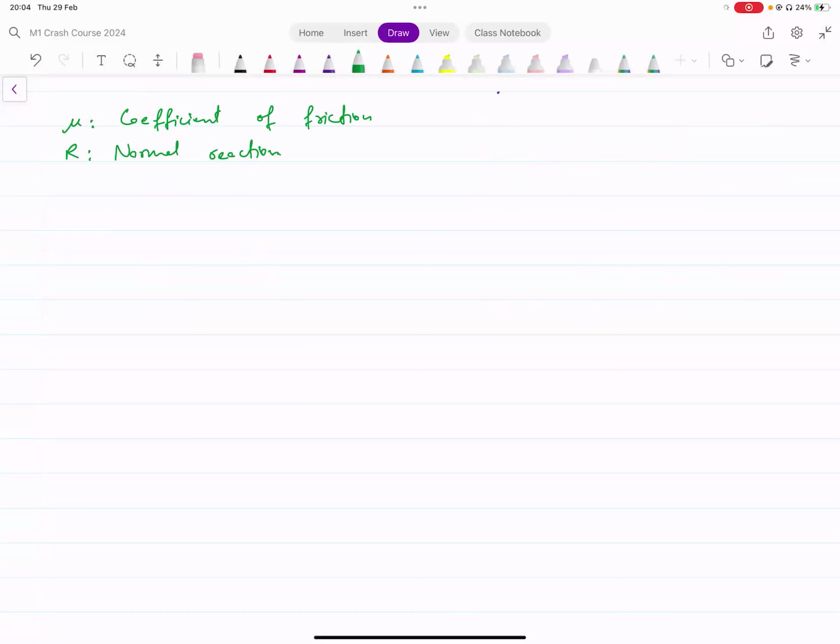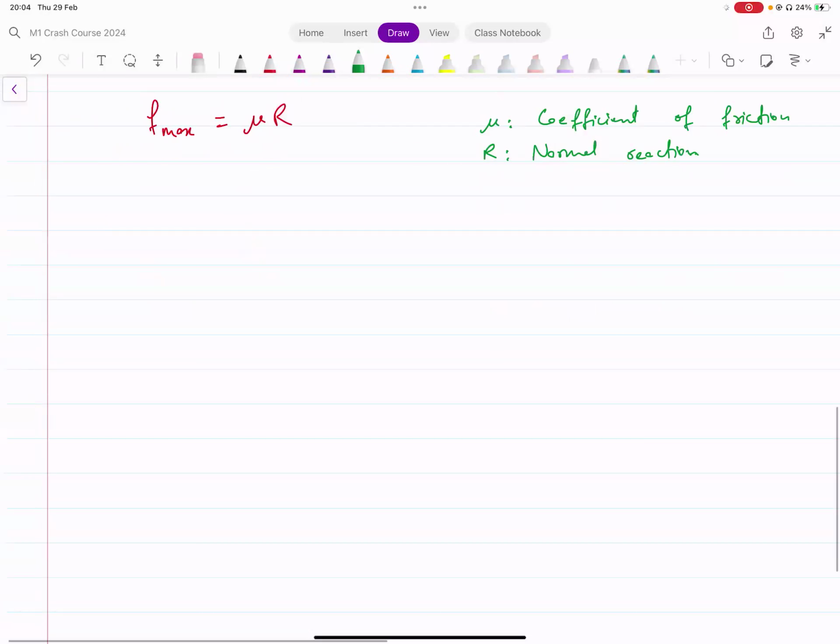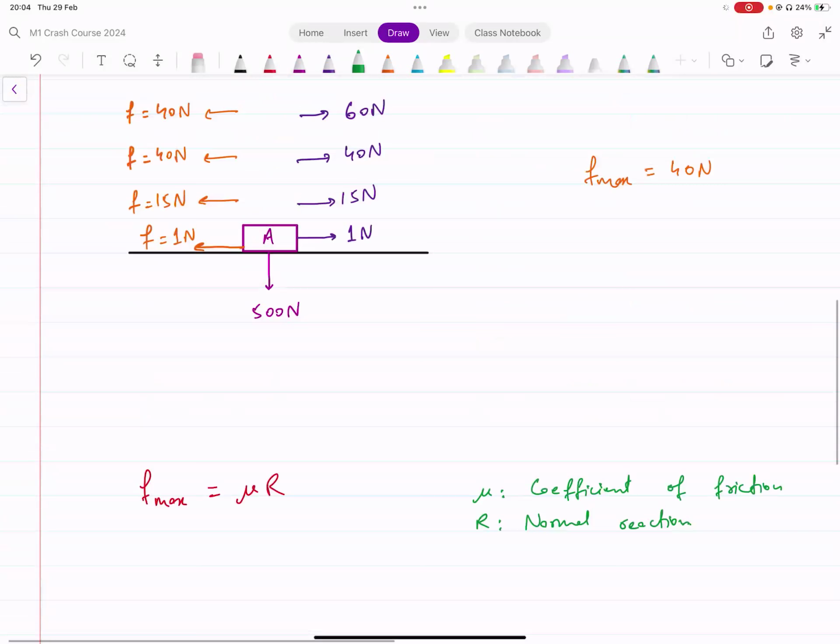So for instance, if the surface here was ice, then the friction would be less as compared to if the surface was grass or maybe if it was wood. So depending on the kind of surface that you have, the friction would be less or more depending on how rough the surface is. So ice is relatively smooth. Wood would be rough. Grass would probably be more rough. So as the roughness of the surface increases, the friction is supposed to increase.